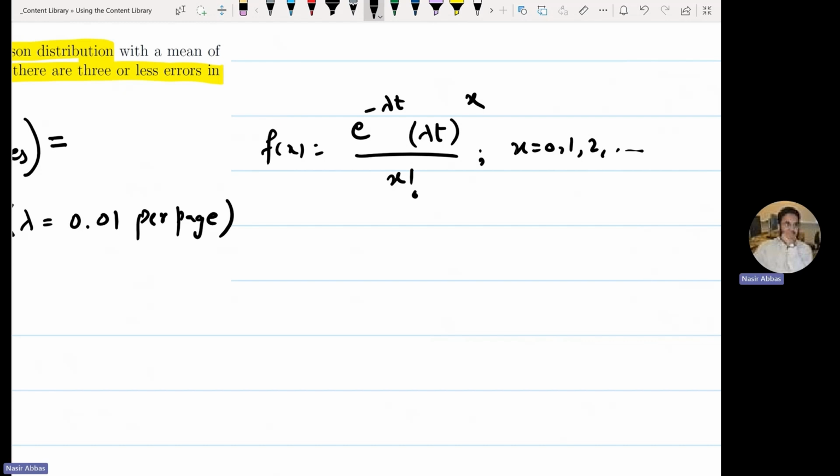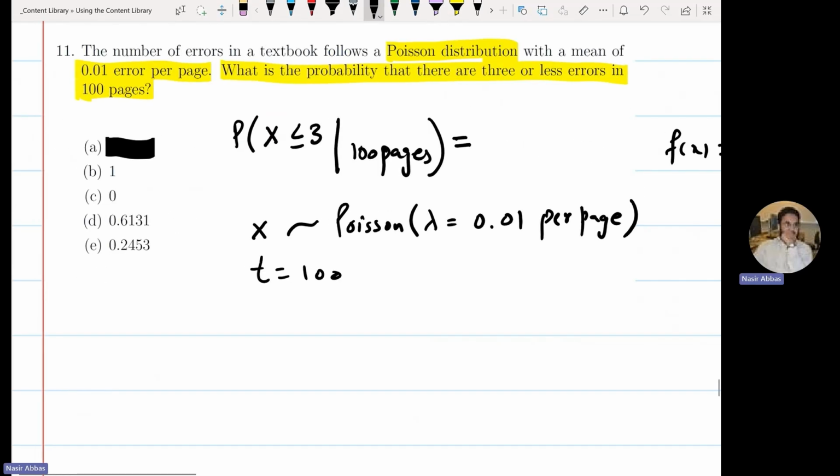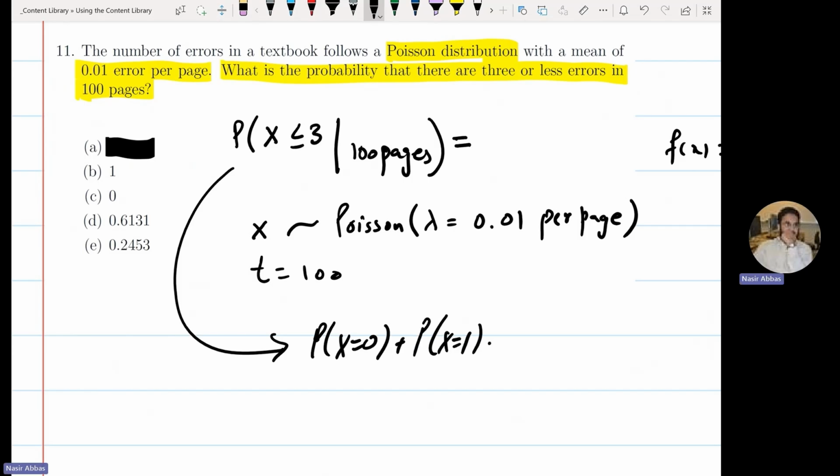But here t is 100. Why? Because I'm giving you the number of errors per page, looking for the number of errors per 100 pages. So this will be opened like probability of X equals 0, X equals 1, X equals 2, X equals 3.